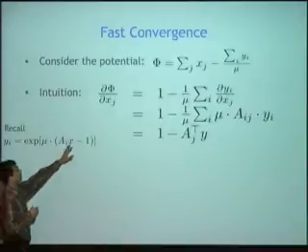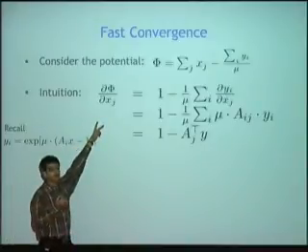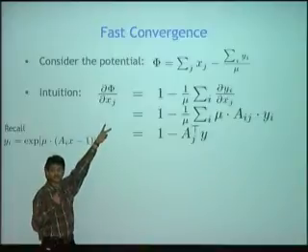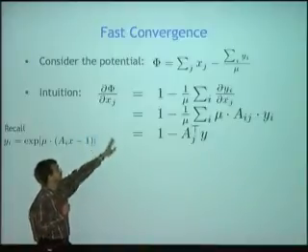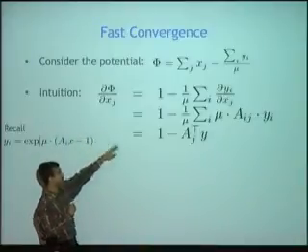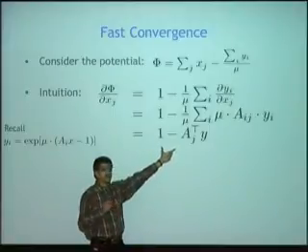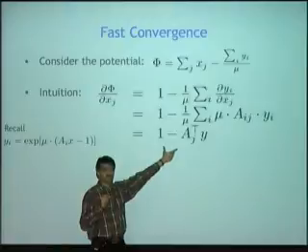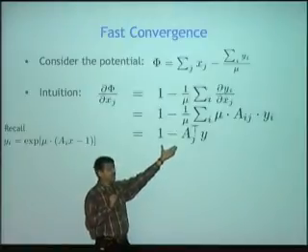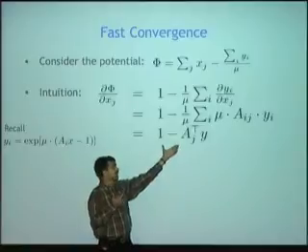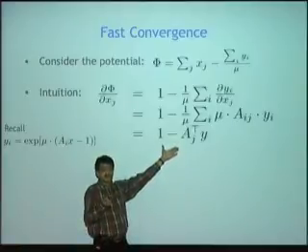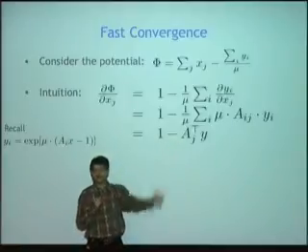So if you look at the partial derivative of the potential function with respect to the jth variable, and if you plug in this expression and simplify, then it turns out to be equal to 1 minus aj transpose y. So this is the gap, this captures how tightly the jth constraint is satisfied, right?